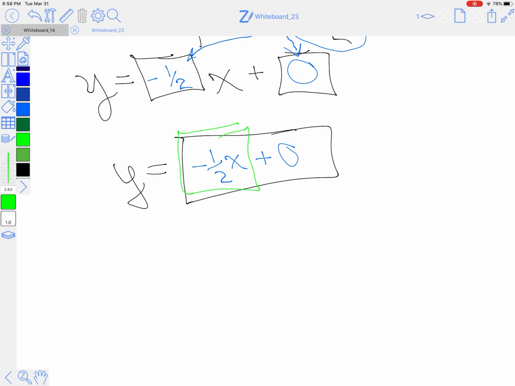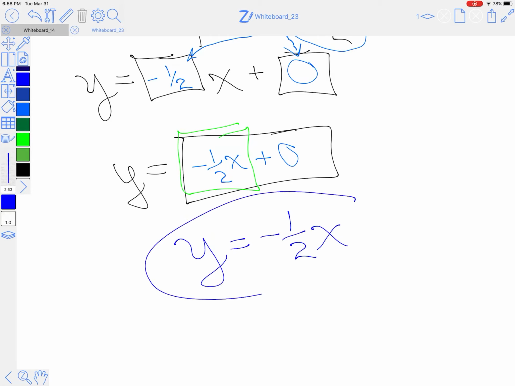So because we're adding 0 to it, we're just going to eliminate the plus 0 part and just say y = -1/2 x. It's just assumed that there's an imaginary plus 0 here at the end that we don't really need to show. So I'm just going to make sure that part's gone. And this is what you would answer for that.